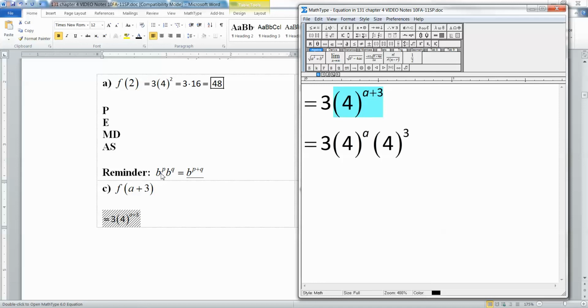You're used to going that direction. You're used to looking at 4 to the A times 4 to the 3 and saying to yourself, oh, okay, that's 4 to the A plus 3. Just add the powers, right? You're used to going from this step to here.